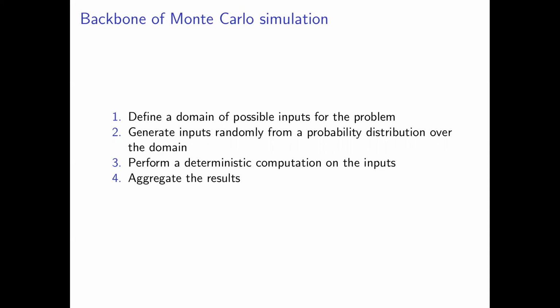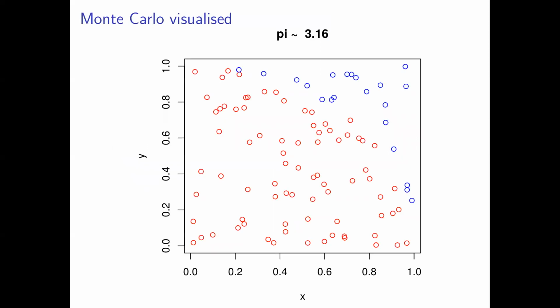And only once we know which domain we want to simulate on, we can specify a probability distribution over this domain, and then perform deterministic computation on these inputs and aggregate the results. It's always the same steps.